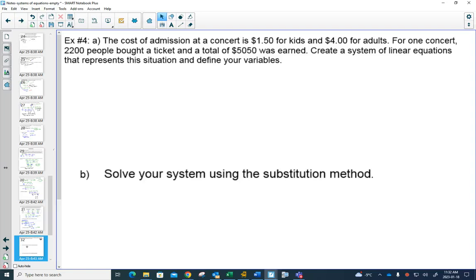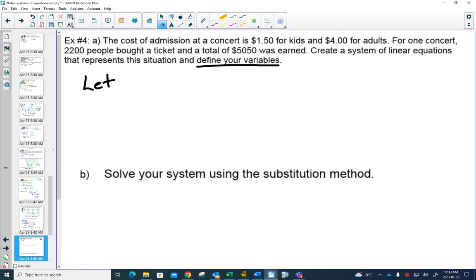So now what I'm going to do for this question is I'm going to give you 1 minute to see if you can make the two systems of equations, just so that we're all on the same page for defining our variables.